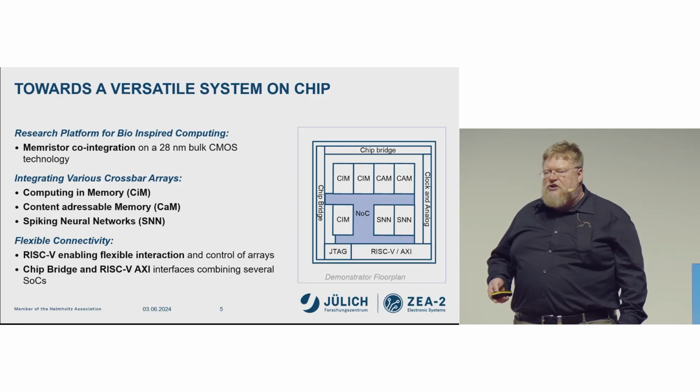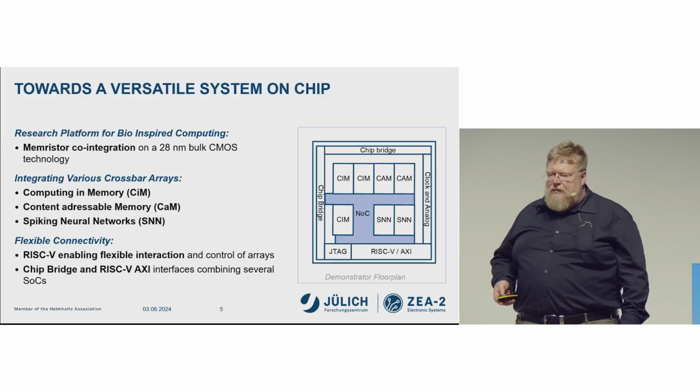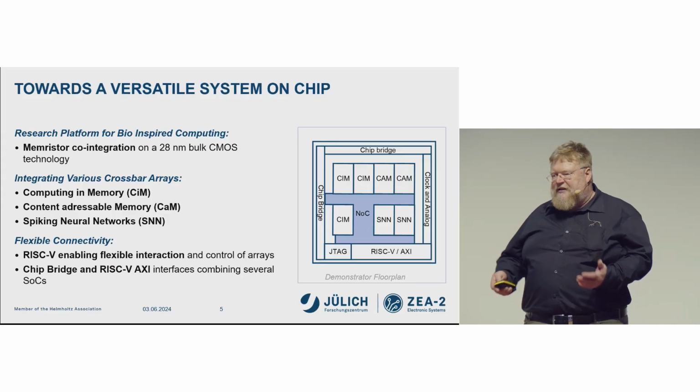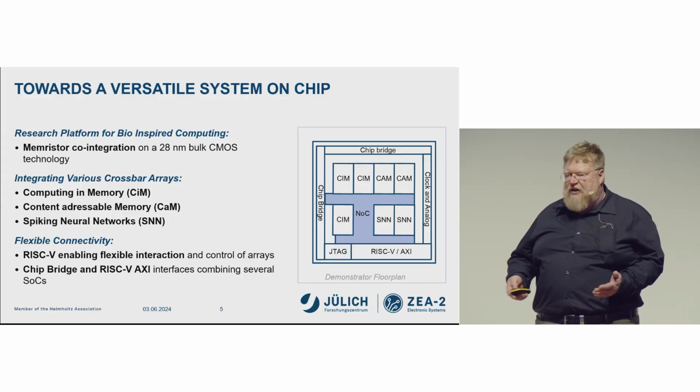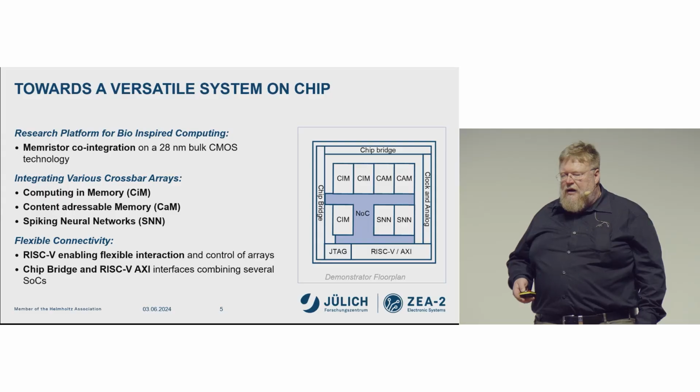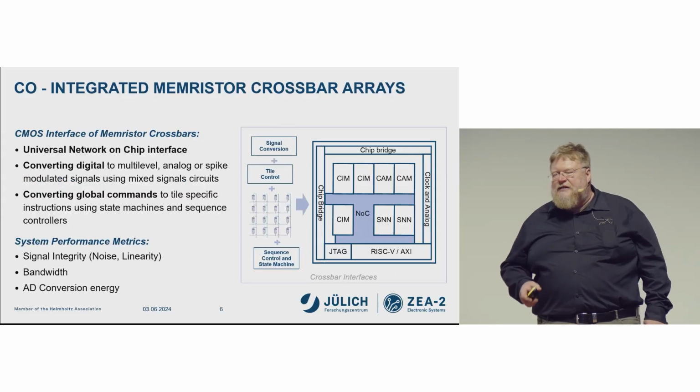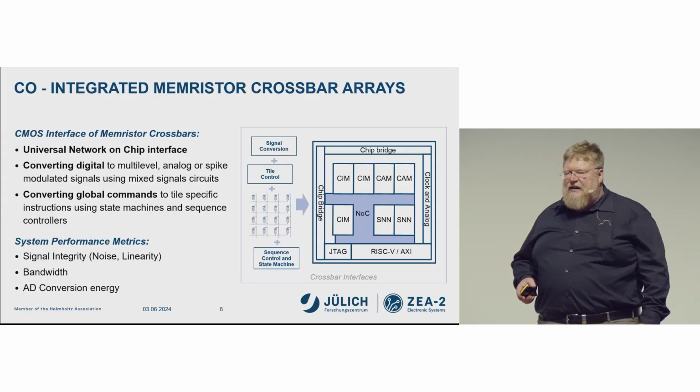There's also a chip bridge and the RISC-V AXI interface to combine several of the systems on chip then on a system on PCB. The idea here really is that you can very easily take the same approach again for other matrices later on, so that this really is a platform to measure on a system level. What follows is that the interface to these matrices clearly has to fulfill a multitude of roles.